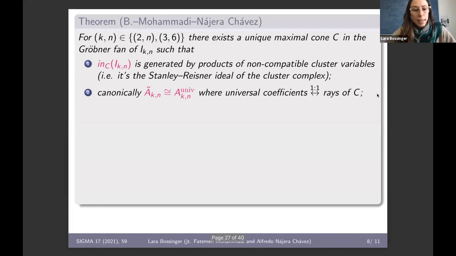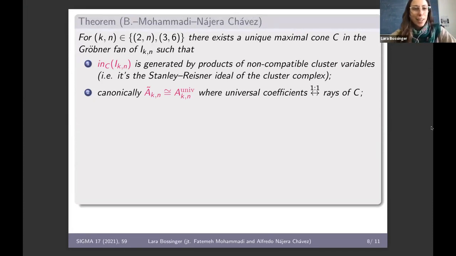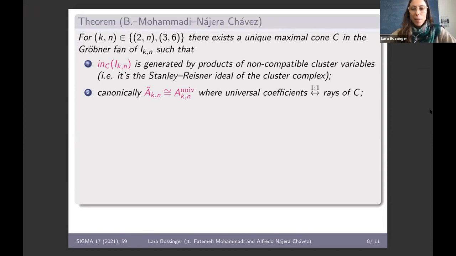Then secondly, we have a canonical isomorphism of the lifted algebra with the cluster algebra with universal coefficients in this case. I did not introduce the cluster algebra with universal coefficients because I thought half of the audience probably knows it, and for the other half, introducing it in 2 minutes might be a bit tough. I encourage you to look at it. I think it's probably the coolest cluster algebra of a fixed given type that there is.